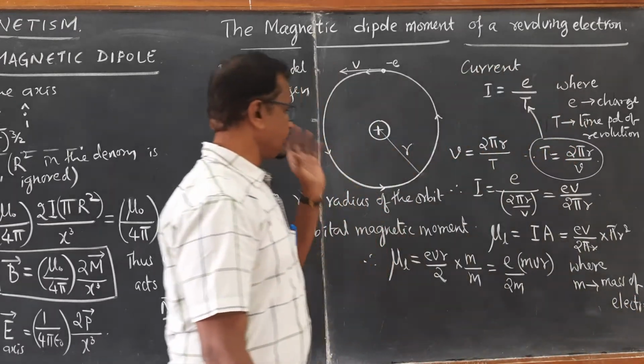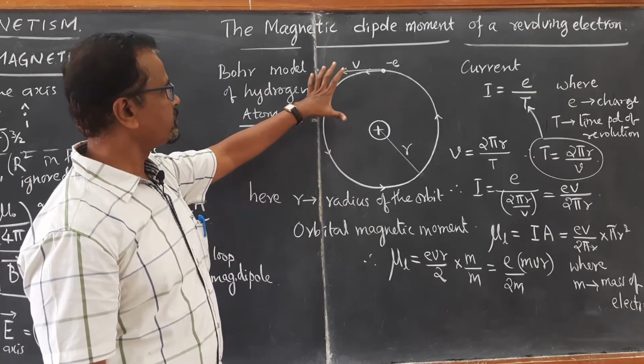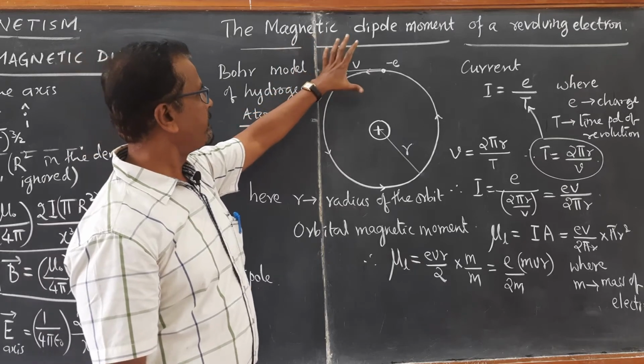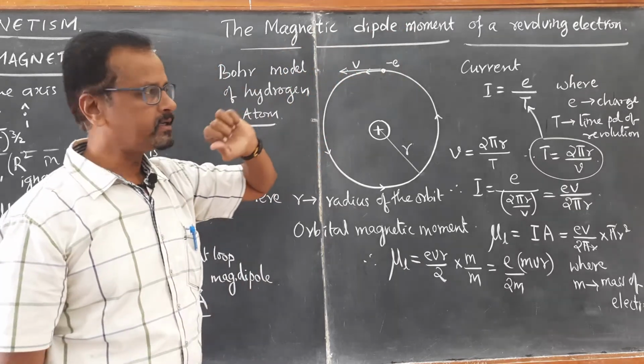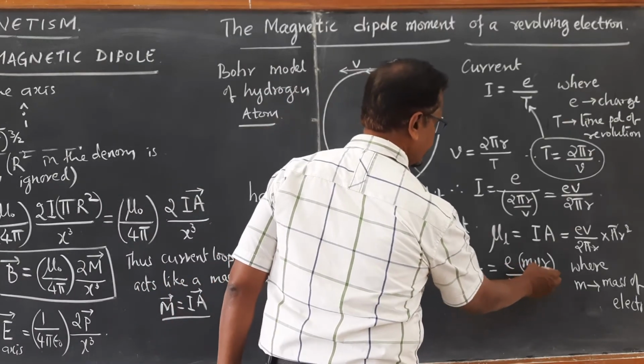So we are calculating the orbital magnetic moment of the revolving electron. That itself becomes the magnetic dipole moment of the revolving electron. So thus we get e upon 2m into mvr.